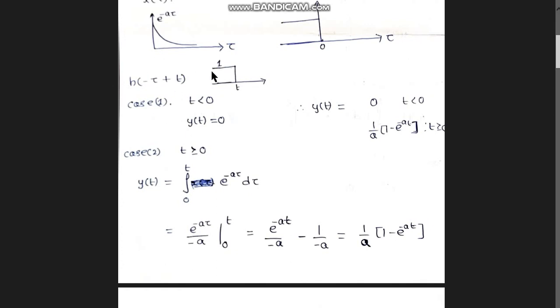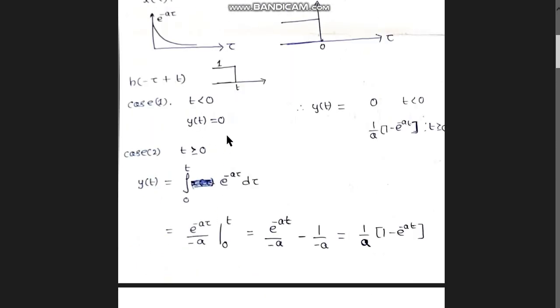Integration of 0 is also 0. So we get y of t is 0.